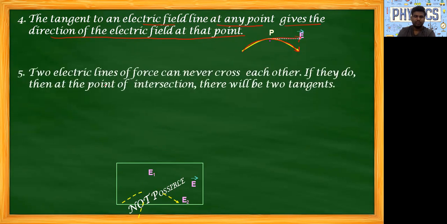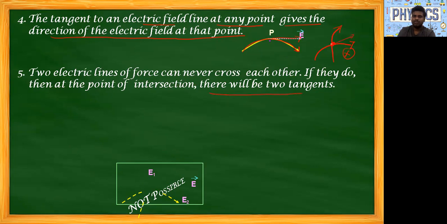Next, the fifth one and most important point: two electric lines of force can never cross each other. This is one electric line of force; if another crosses it, this is not possible. If they do, then at the point of intersection there will be two tangents.